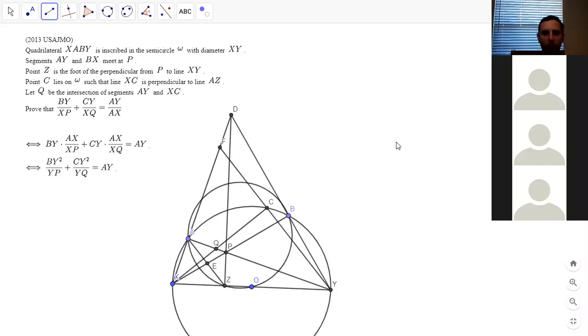So P and Q are both orthocenters of the two triangles, and XP and XQ are isogonal. They are in fact isogonal.